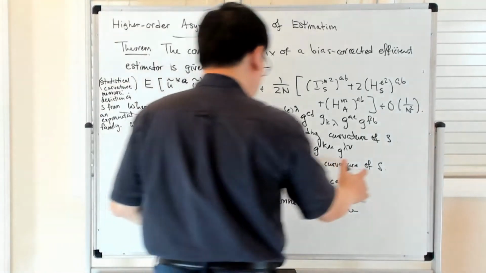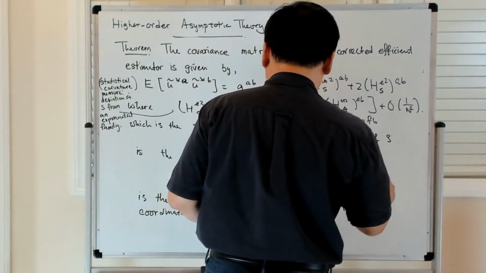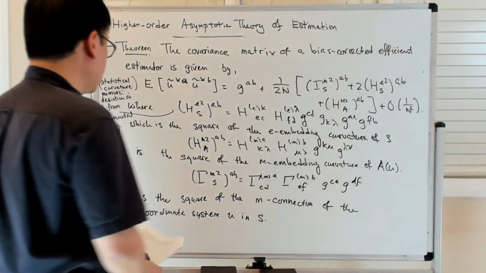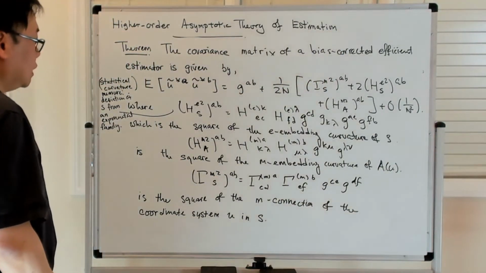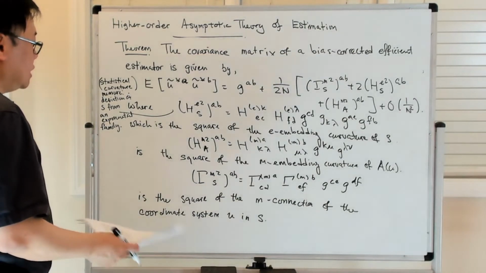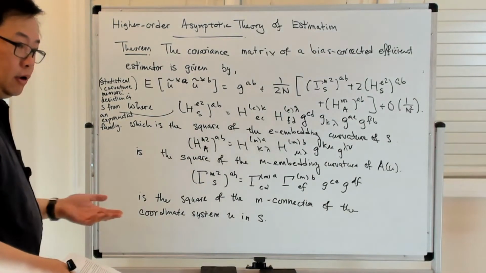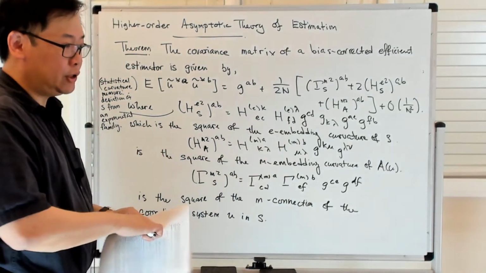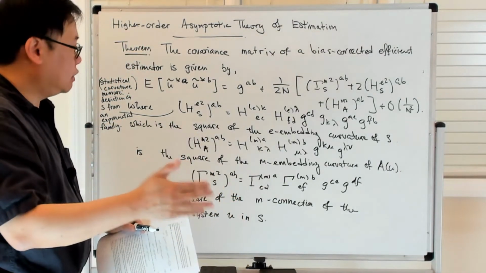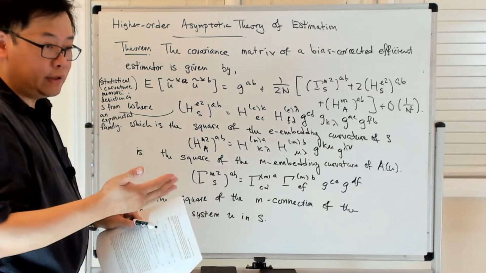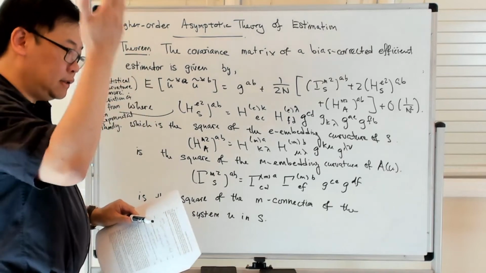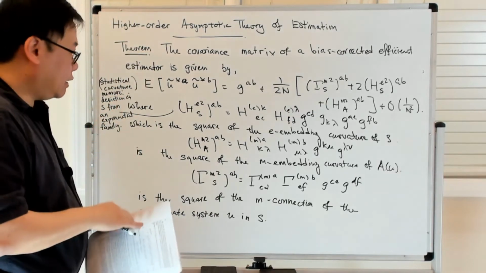Sorry, this is the embedding curvature of A. So all this makes sense if you recall this generalized Pythagorean theorem. You always have the situation where one of the spaces is flat with respect to one of the affine connections, and the other space is flat with respect to the other affine connection.